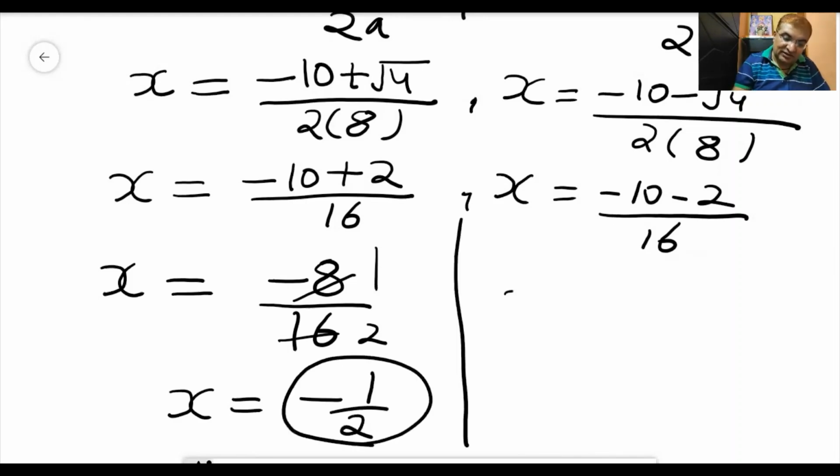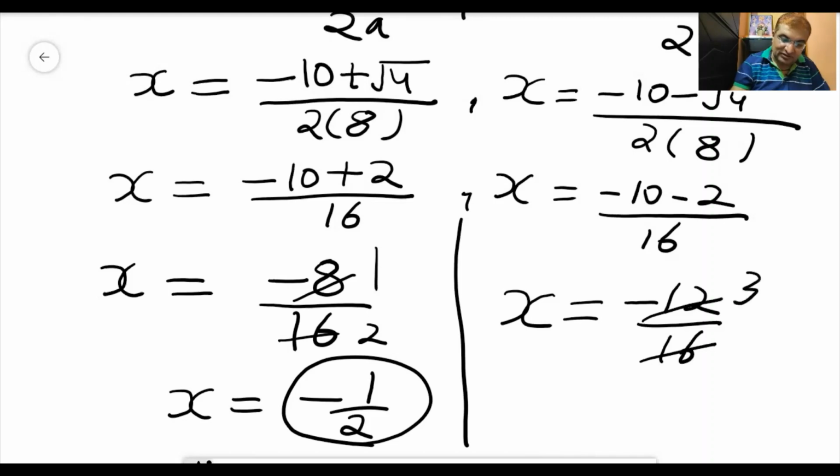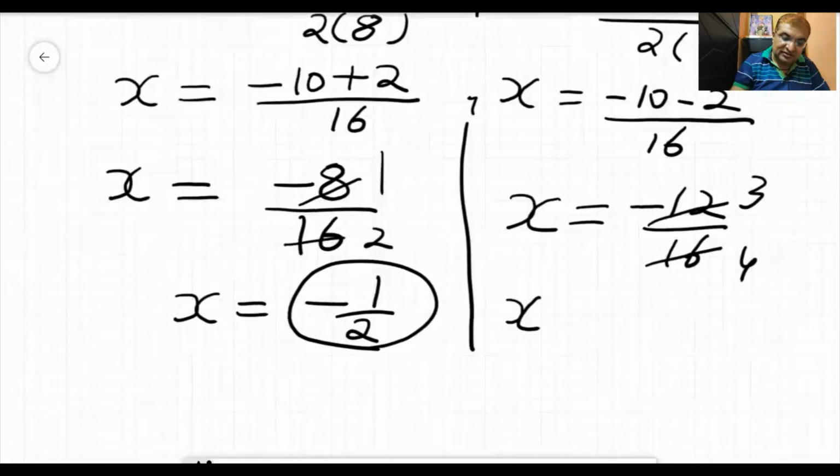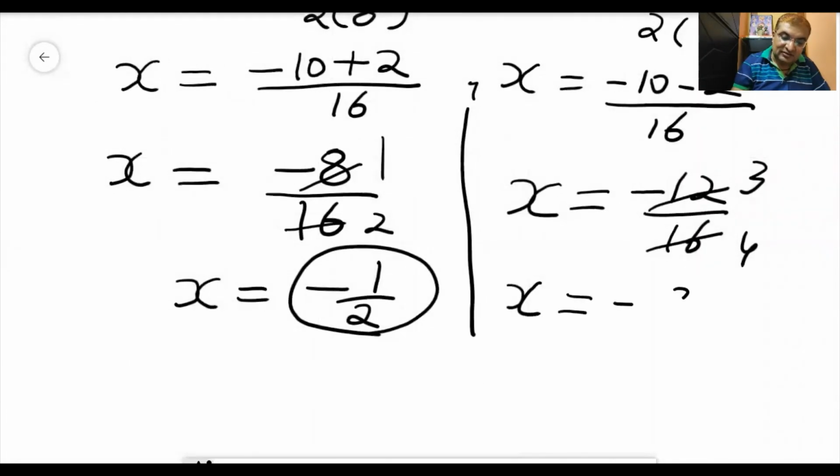And for the other answer, it is minus 12 divided by 16. So we cancel this by 4, 4 3s are 12, 4 4s are 16. So what you observe is that x is equal to minus 3 by 4.